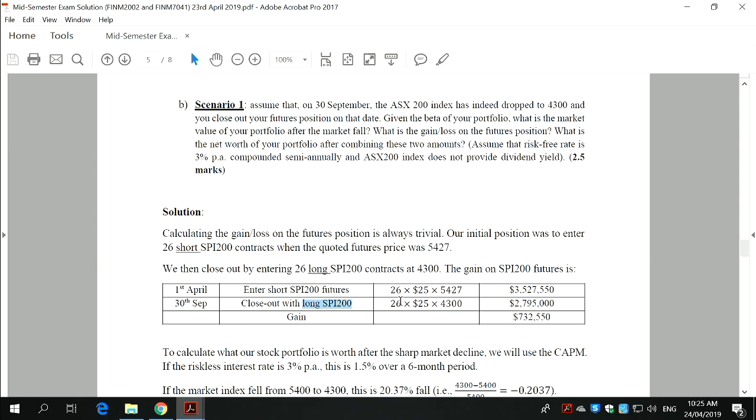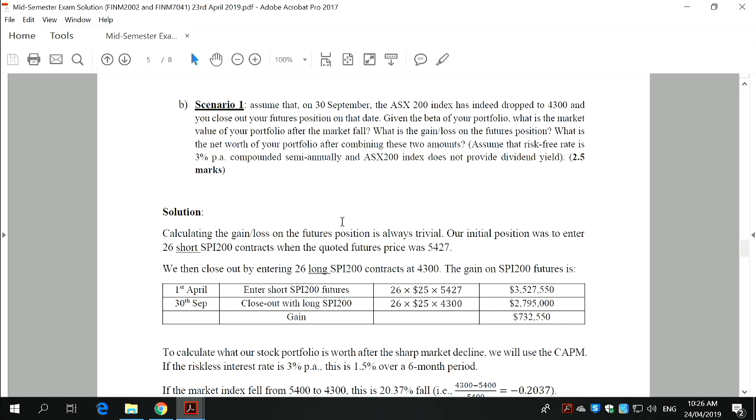You close out the contract by going long, so you bought at a price of 4,300 multiplied by $25 multiplied by the contract size. So you bought at a lower price, around 2.8 million. So you made a gain of roughly 700,000 on your futures position.